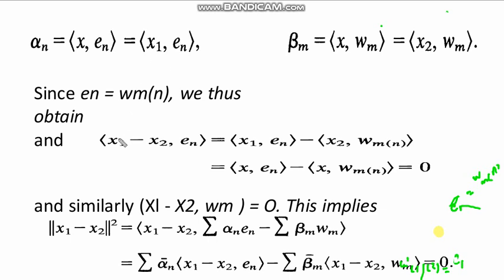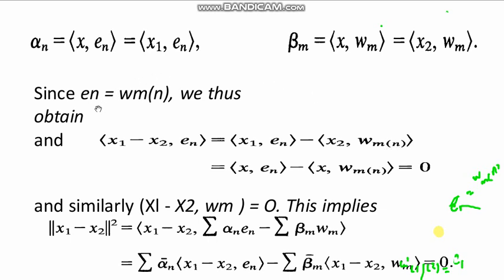This is again a term x1 minus x2 with the inner product E_n, which by definition of inner product is equal to x1 with E_n minus x2 with E_n. Now why this W_m(n)?